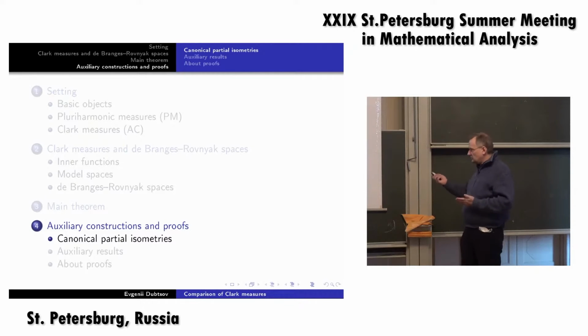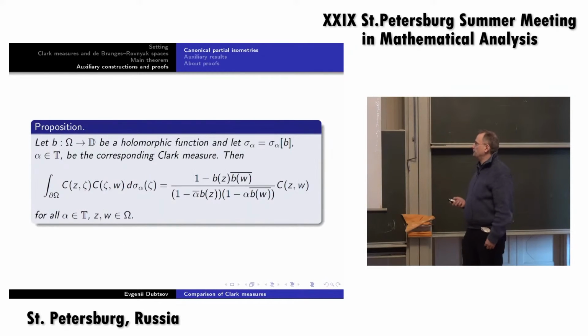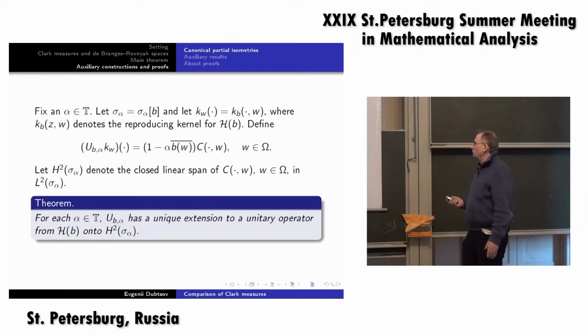If B just generates only the de Branges-Rovnyak space, we have canonical partial isometries. So first of all, we need this kind of double Cauchy integral with respect to Clark measure, so an explicit identity.